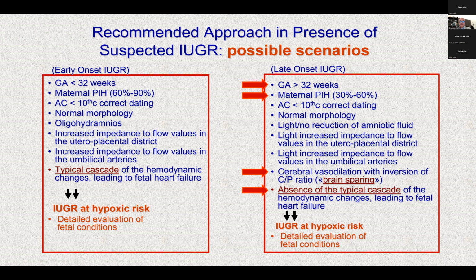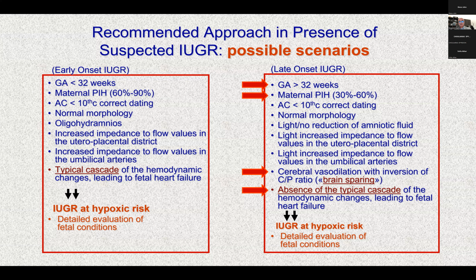But we have, very important, the cerebral vasodilation that is very evident even at the beginning of this kind of scenario that characterizes the late onset. But very important, we generally have the absence of the typical cascade of hemodynamic changes that I showed you before for the early onset.